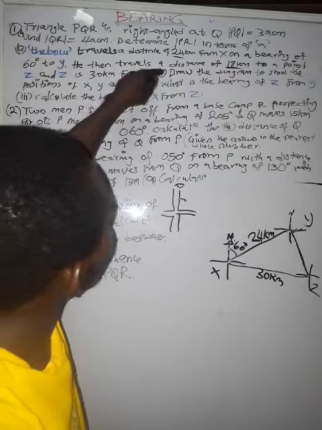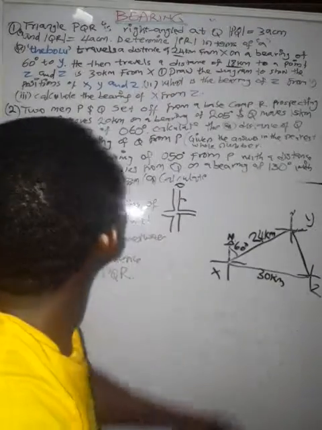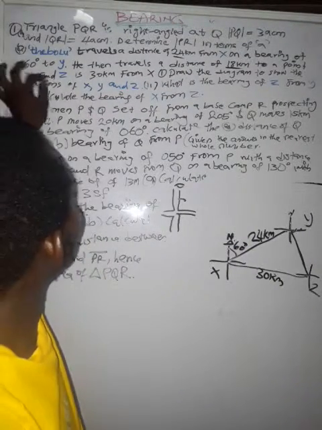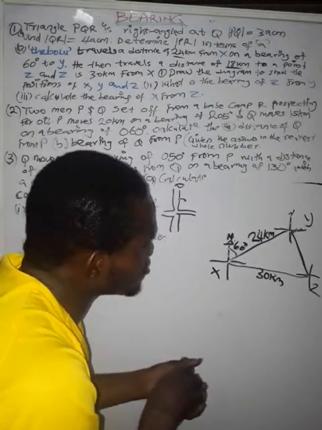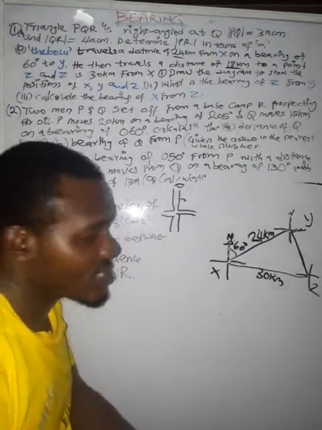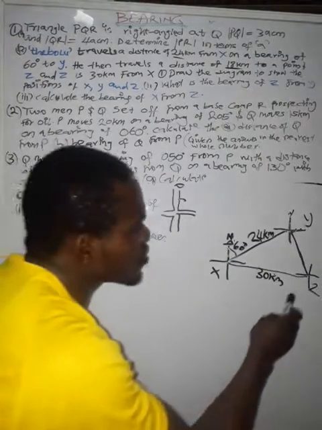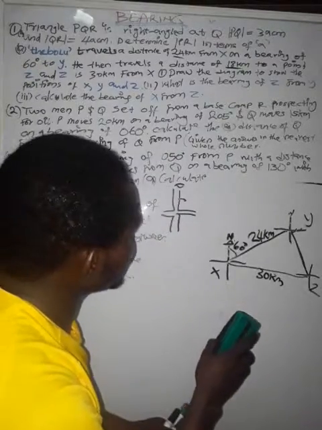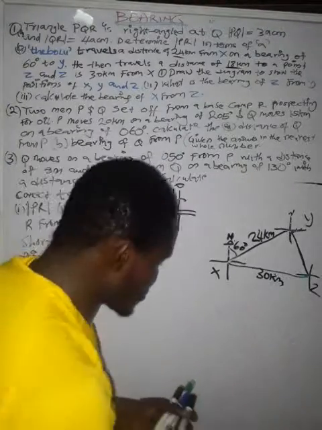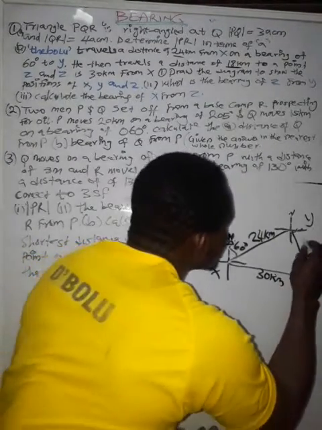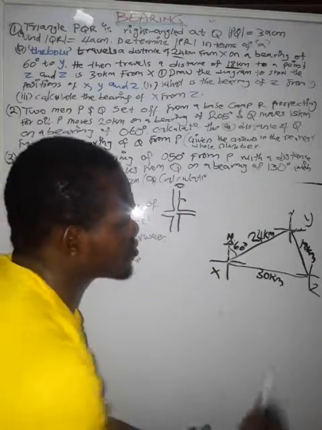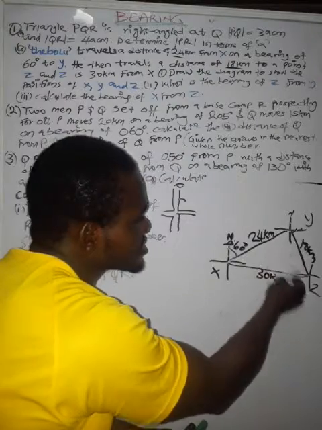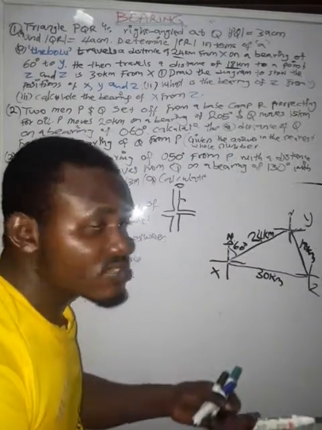He then travels a distance of 18 kilometers to a point Z, and Z is 30 kilometers from X. That is 18 kilometers, so it's not up to 24 kilometers. I can't let the distance be otherwise, so as to make it reasonable.